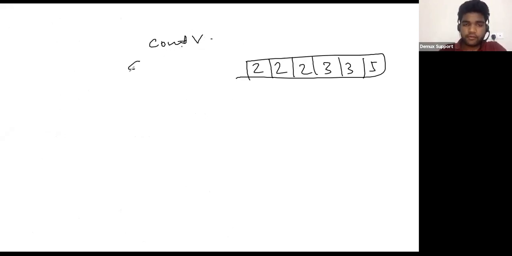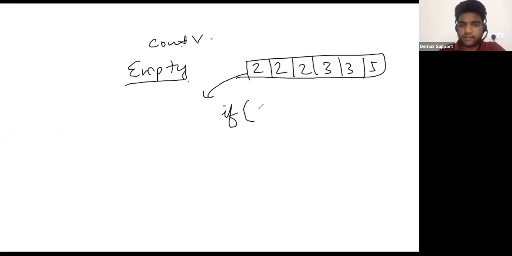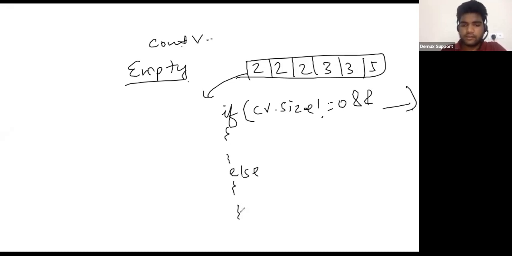It is empty to start with. So when I encounter the first element, I have that check, right? My check is that if count v dot size is not equal to 0, and there is a bunch of other things, I don't care about that, and then there is an else. So the first time I am looking at an element, it will go to the else.